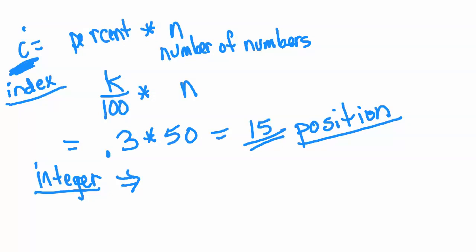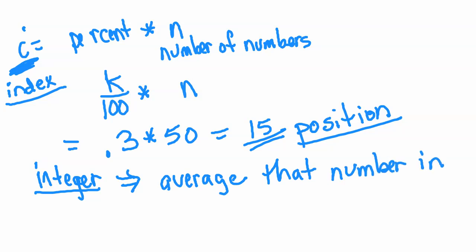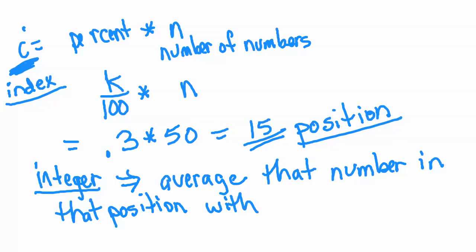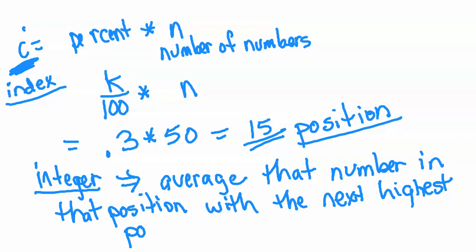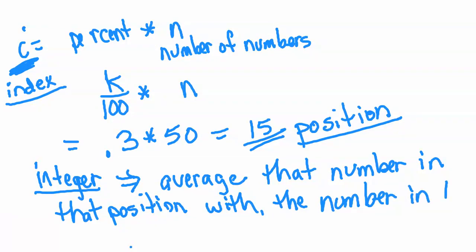If you get an integer, you have to average that number in that position with the number in the next position.